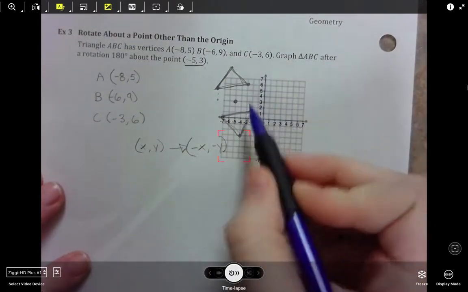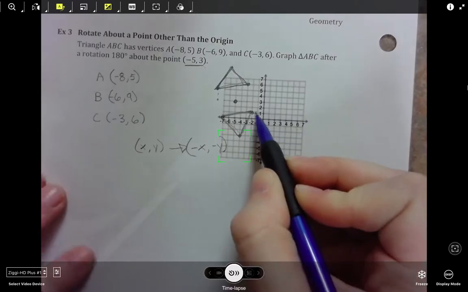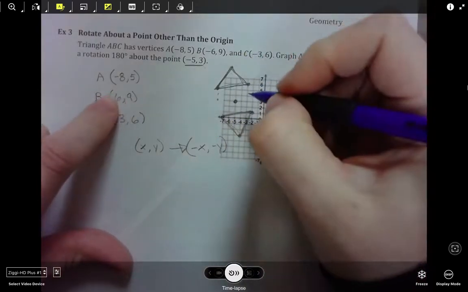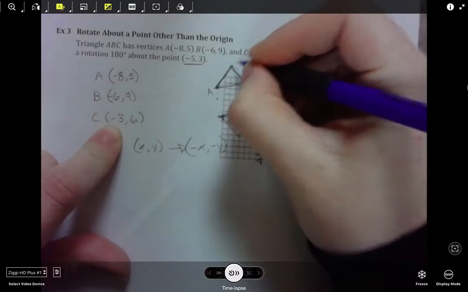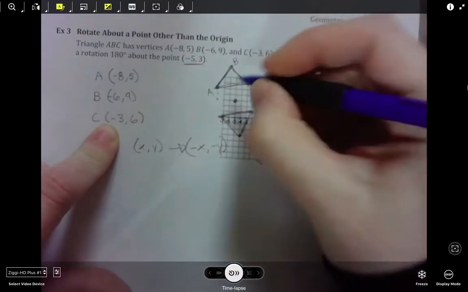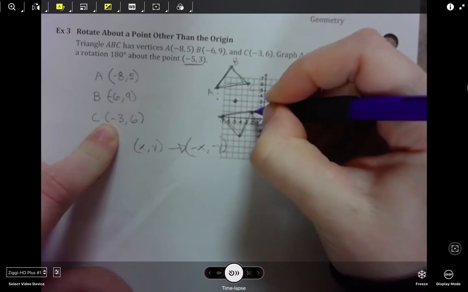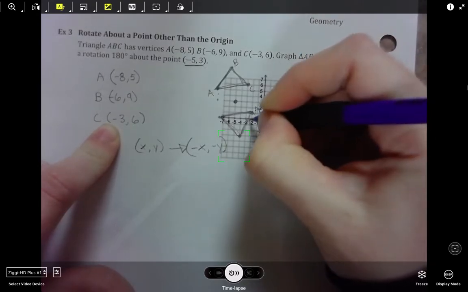So this point right here would be, oh geez, which one is A? This one is A, negative 6, 9, this is B, and this is C. So A would be here, A prime, and that's at negative 2, 1.